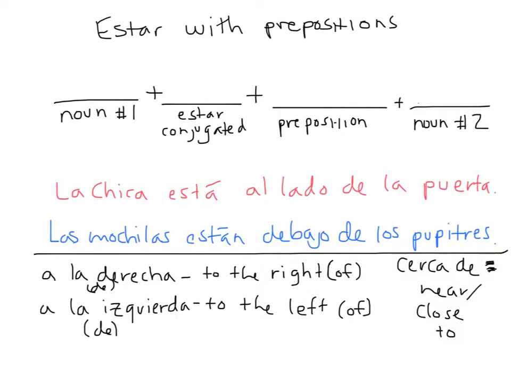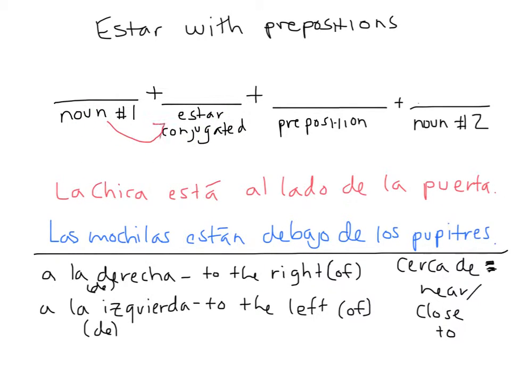Now, just to be clear about these with prepositions, let's go over a formula to help us remember what order the words should go in. Get ready for a lightsaber. Here we go. So we've got our first noun. That's the first thing that we want to be comparing, right? Then we need to conjugate the verb estar. It should match this first noun.